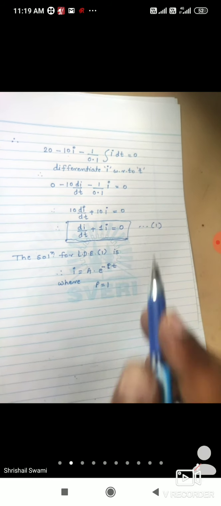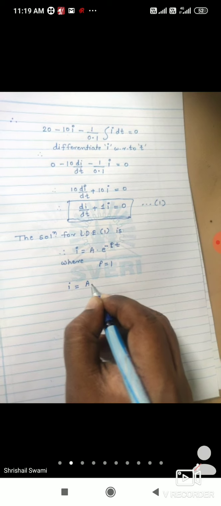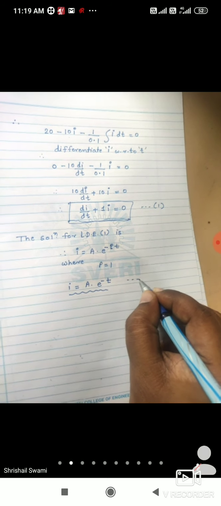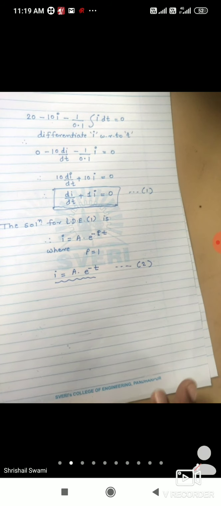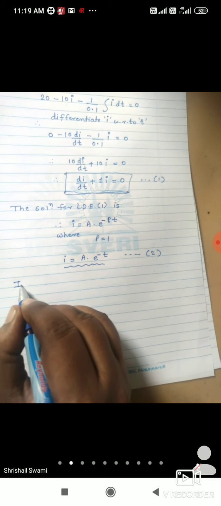Okay, this is p is equal to 1. So I is equal to a into e raised to minus t. So this will be the equation number 2. Still the problem is not completed because we want to find out the value of a, the arbitrary constant. So use the initial condition.